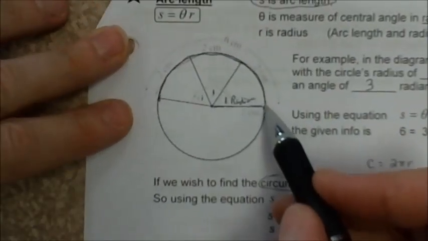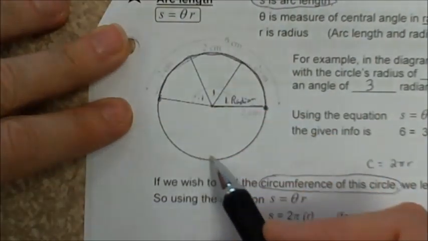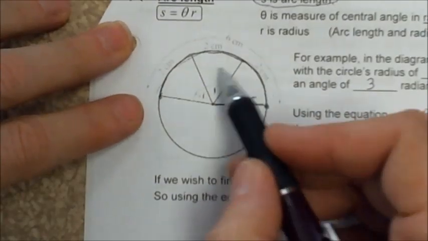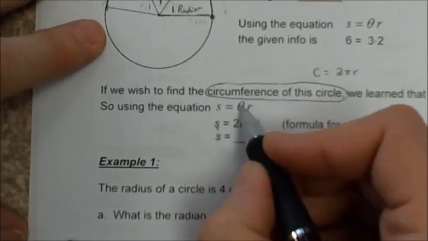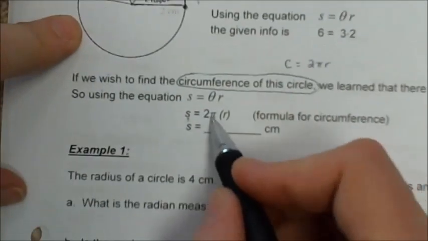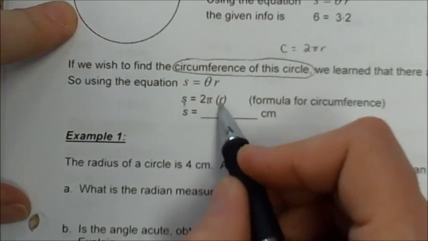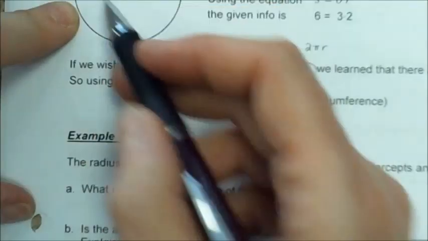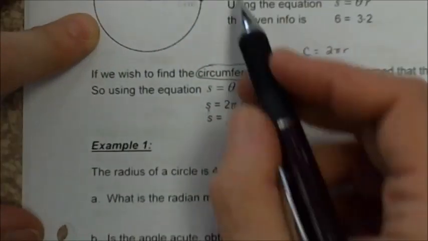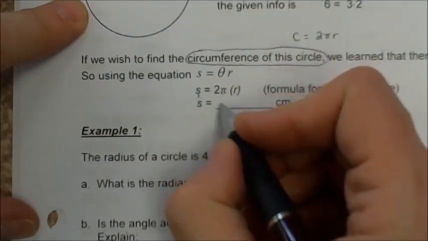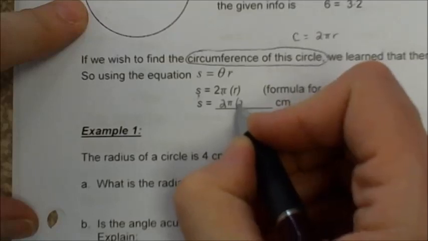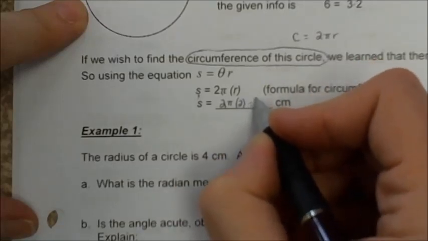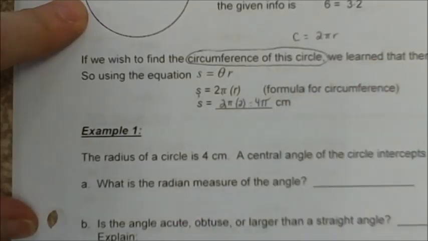So if we want to know the arc length of the entire circle, which is the circumference all the way around, this S value, this arc length, is equal to the angle, which is 2 pi for 360 degrees, or 2 pi radians, times r. So in this particular circle, the circumference is 2 pi times the radius, which is 2, and so that is 4 pi centimeters.